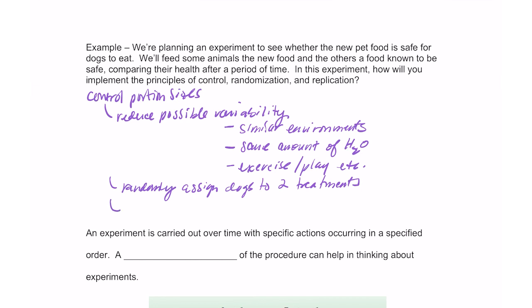And then as far as replication goes, we would want to replicate by assigning more than 1 dog to each treatment, right? We don't want just 1 dog in a treatment group because that's really not going to tell us much. We need to be able to compare. We could also replicate by repeating the same experiment.